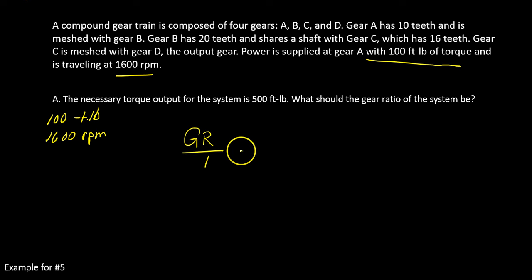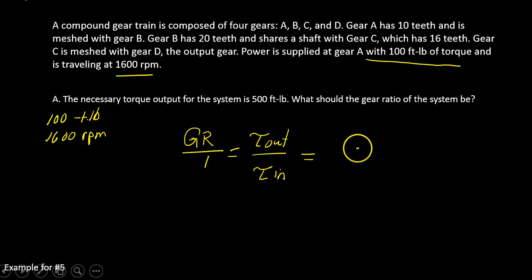So gear ratio is equal to, if we're looking at torque, we know the formula is the torque out divided by the torque in. Okay? So where do we have this information? Well, we know that gear ratio is at 500 foot-pounds of torque on the output.